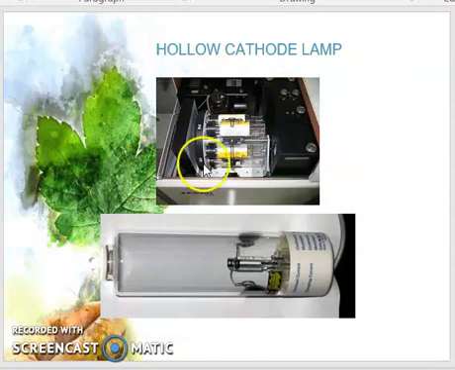Okay, so this picture shows the hollow cathode lamp. This is the name of the lamp which can provide line source. It's got the name hollow cathode because dia punya cathode ni, yang dalam ni tengah-tengah ni dia kosong je. That's why we call it hollow cathode lamp. Kalau kamu tengok ni, dia macam lampu mentol lah kan, cuma bentuknya macam silinder.